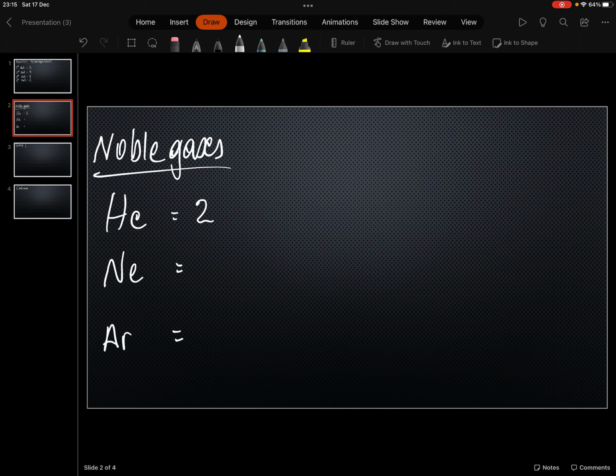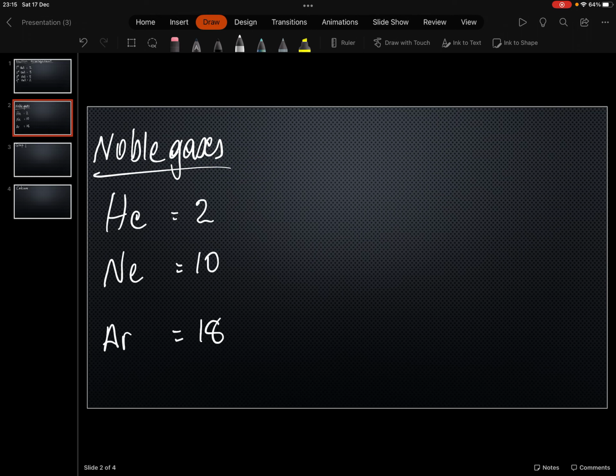Neon has 10 and argon has 18. The noble gases are the stable ones on the periodic table. They are unreactive because they are stable. They don't need to give away electrons, and they don't need to accept any. They are good.